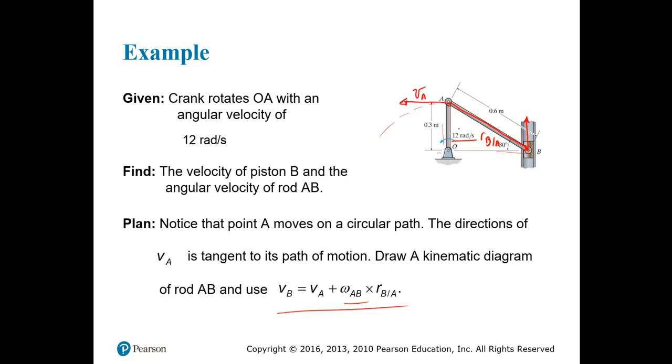Then we transfer that into the element, and we can start using this equation, in terms of vectors, to find what is needed. So let's first build this into a picture that we can all understand. We have this link, OA, and it has a velocity that we will call V_A.